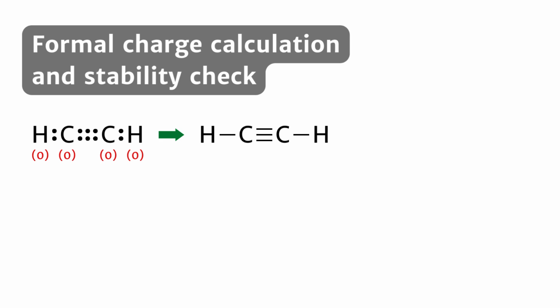In this way, the C2H2 Lewis structure shows the 2 carbon atoms connected by a triple bond, with each carbon atom further bonded to 1 hydrogen atom by a single bond. That's the Lewis structure of C2H2.